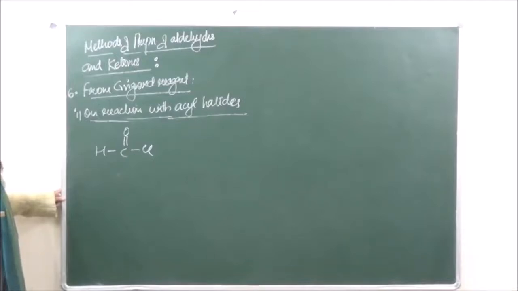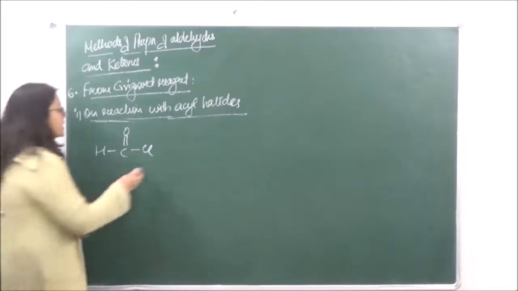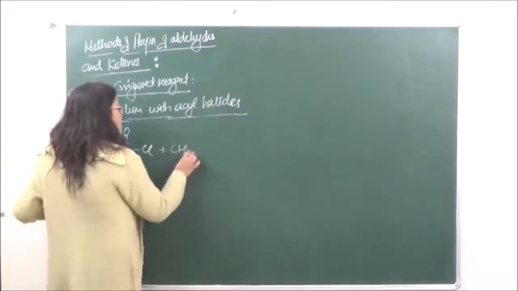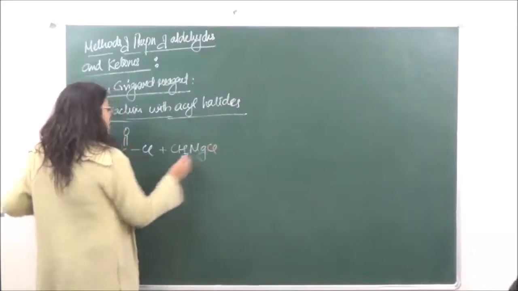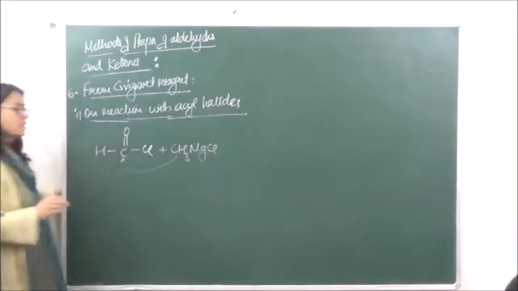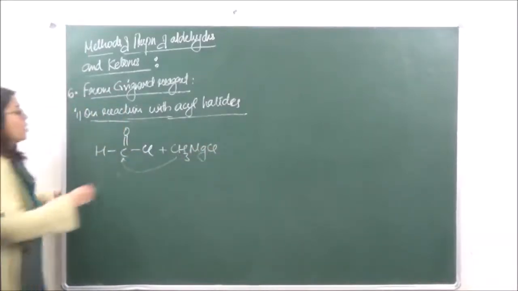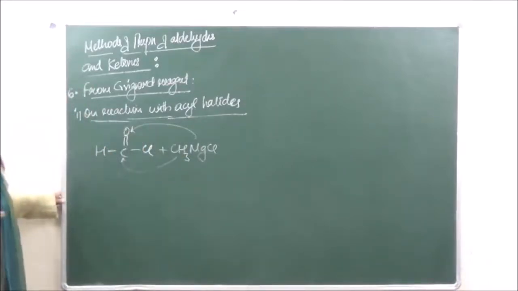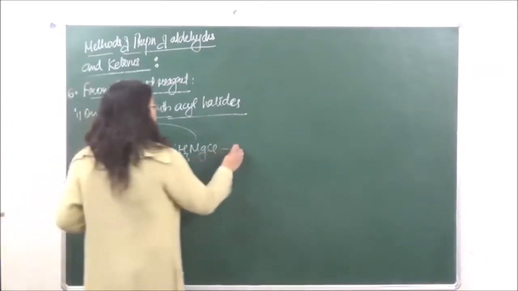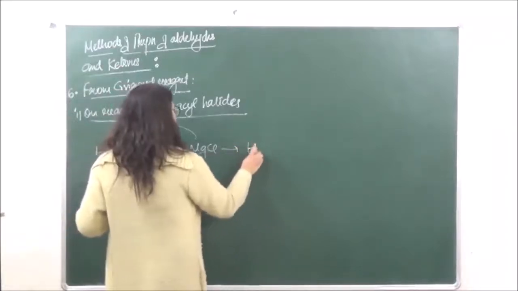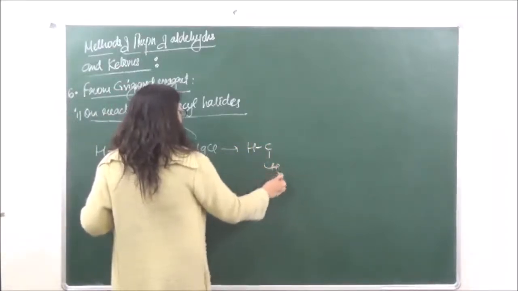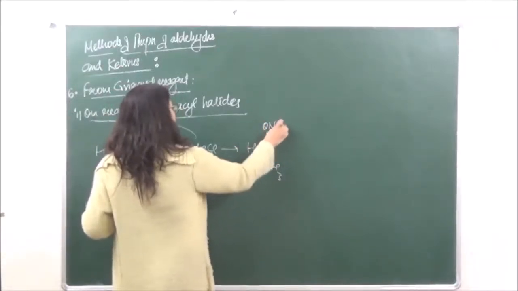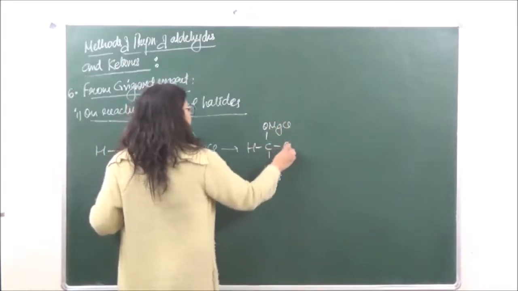So here if we react it with CH3MgCl, CH3 will attack at this, and MgCl is going to attack at the oxygen such that we are going to get an addition product of the type HC CH3O MgCl and Cl, right?